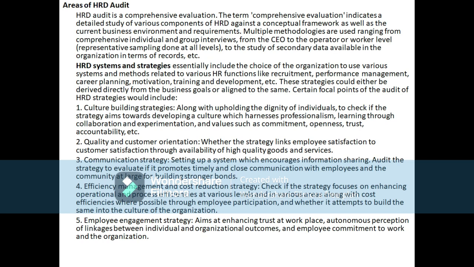For example, if we take culture building strategies, along with upholding the dignity of individuals, the auditor checks if the strategy aims towards developing a culture which harnesses professionalism, learning through collaboration and experimentation, and values such as commitment, openness, trust, accountability, etc. So, for example, is an organization following a strategy of culture building?